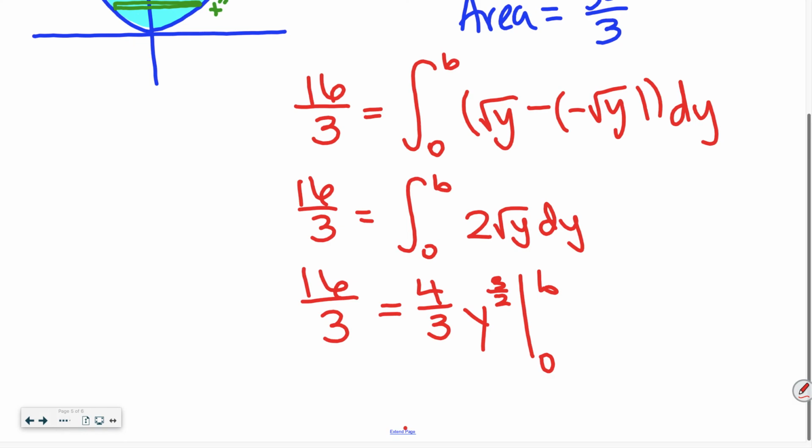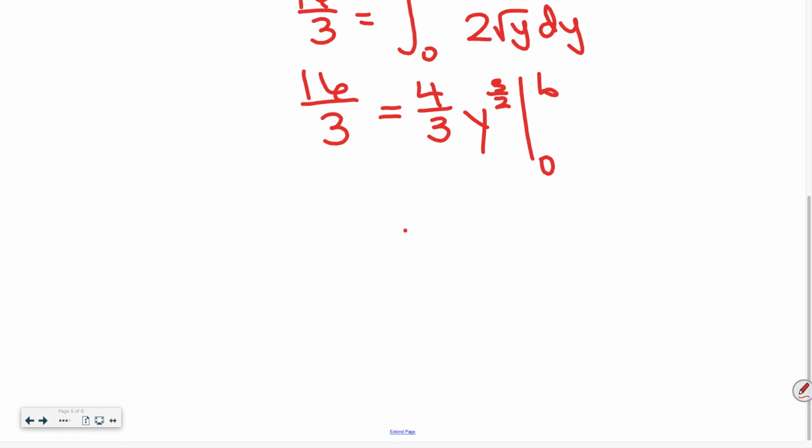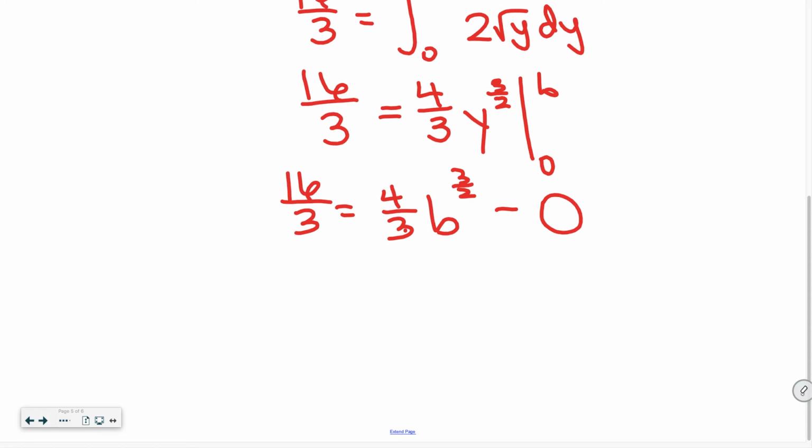So now using the fundamental theorem of calculus, we know that integral is 4 thirds b to the 3 halves minus 4 thirds 0 to the 3 halves. Don't think that's necessary.